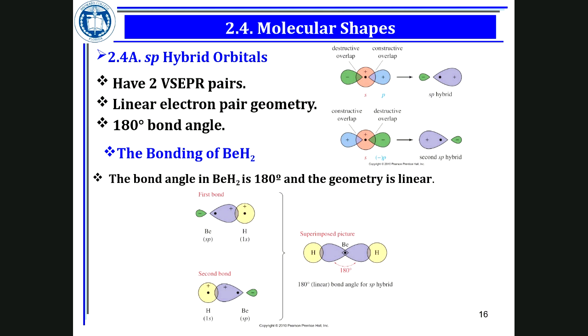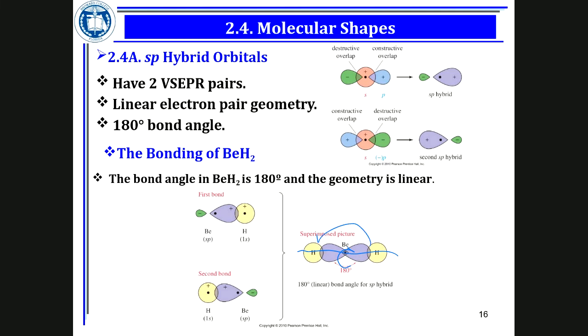Okay, sp meant a ratio. Yes, sp means 1 s orbital and 1 p orbital. Very good. sp also means a linear structure around that carbon. A carbon that has sp hybridization is going to be linear, and the bond angle is going to be 180.